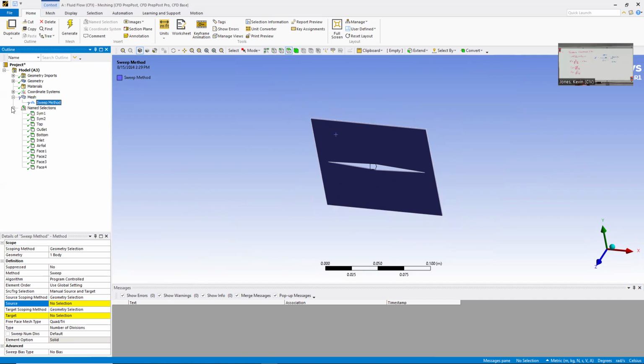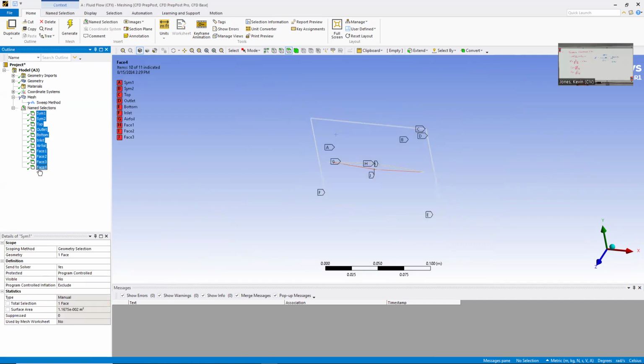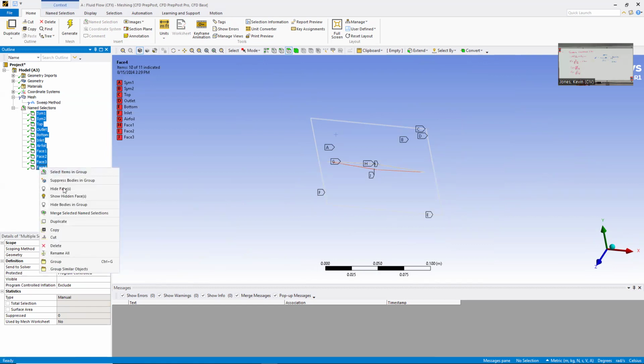Oh, again, my bad. Select things you can't see.